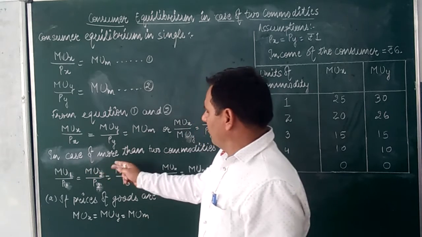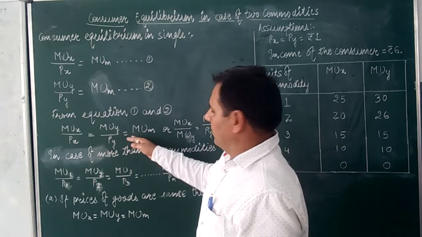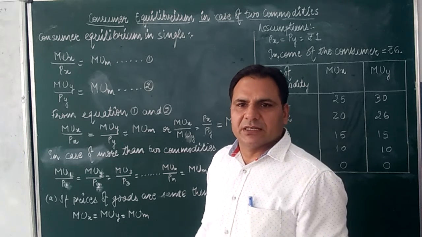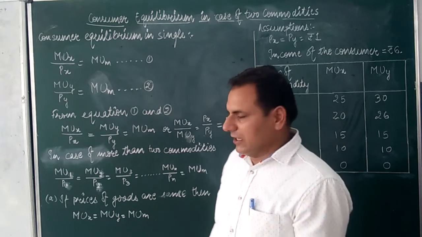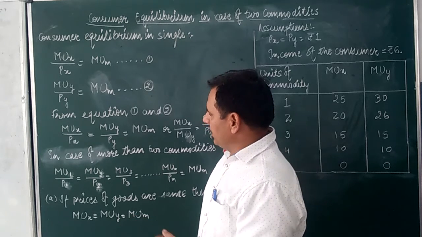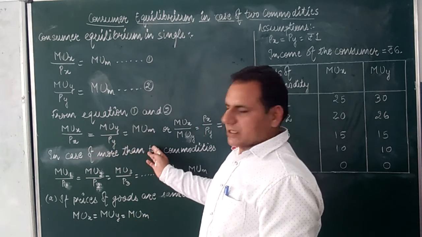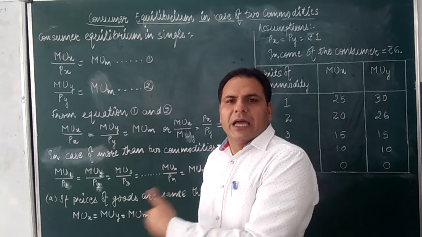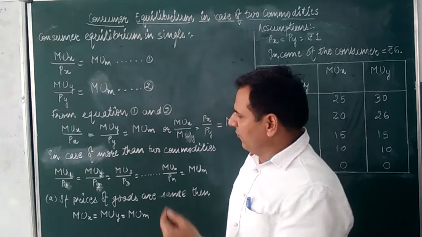In this case, the equation can be extended. In our real or daily life, we use more than two commodities. It means this equation can be extended to the nth unit of commodities.